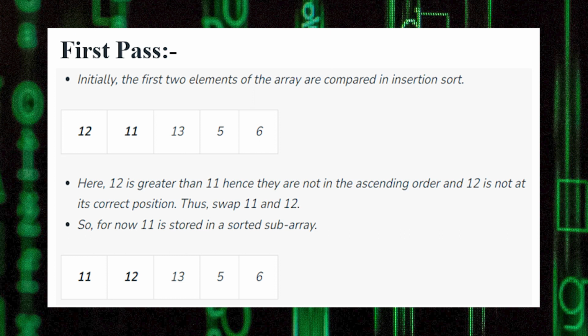then 11, we have to store into a temporary variable or a key element. The first element of the unsorted list is 11, then 11 is compared with 12, and 11 we have stored in a key element or temporary element.